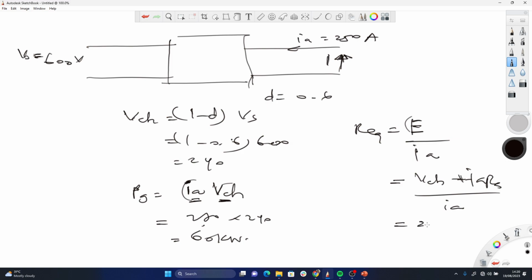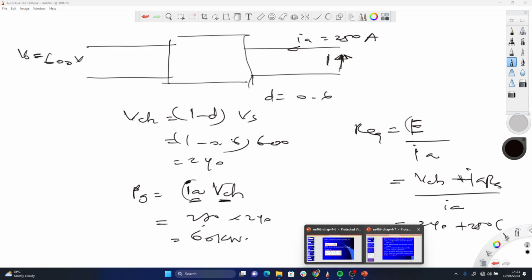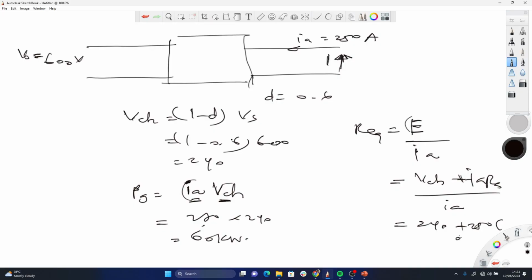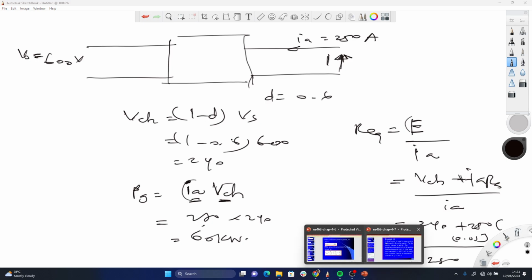So the VCH found to be 240 plus IA, 250 times total resistance. So get the total resistance from here, this plus this. That's 0.05. So plus 0.05, all over IA, 250. So you punch that one too. That'll give you the equivalent resistance.